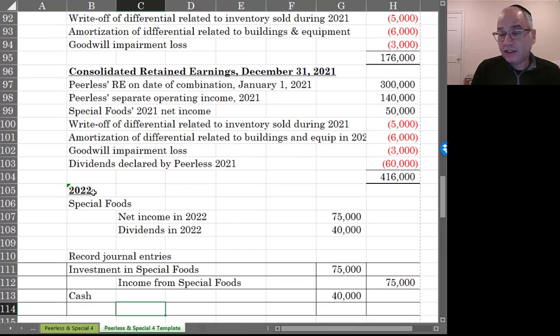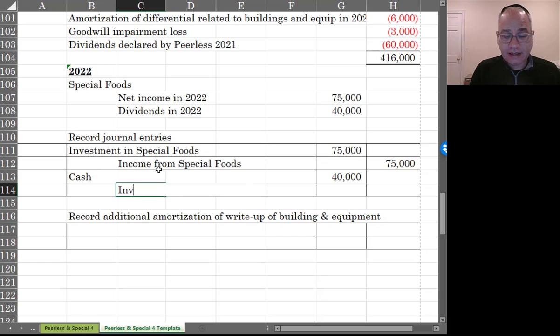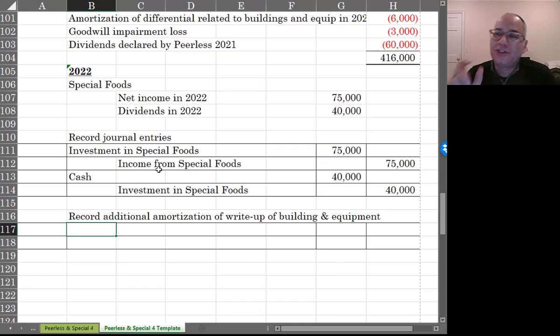And so I debit cash for $40,000, and then I credit the investment account for $40,000.